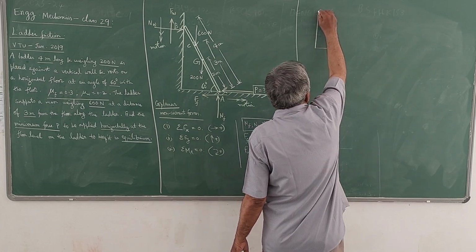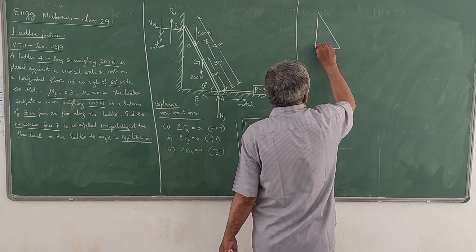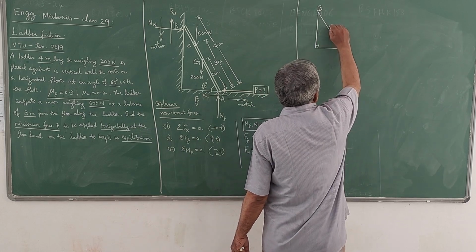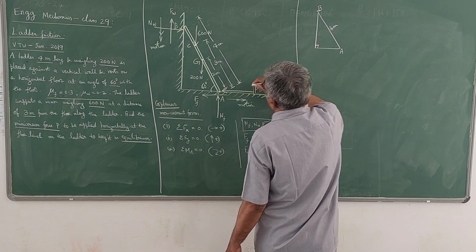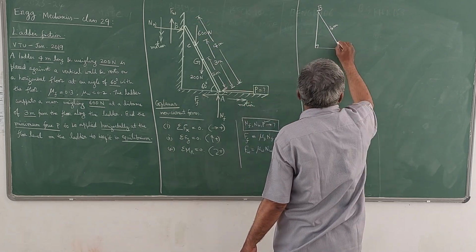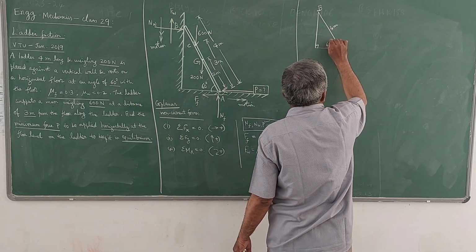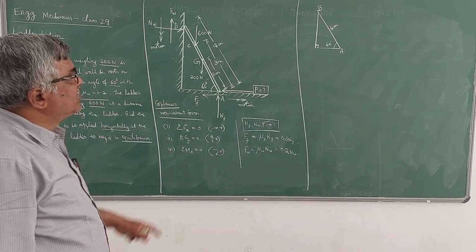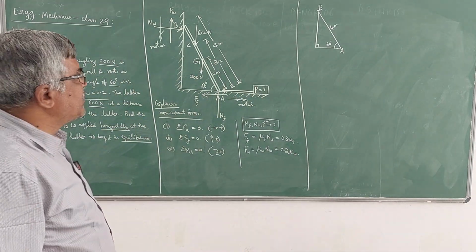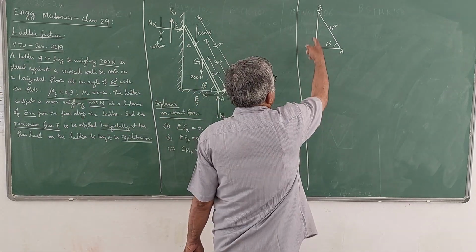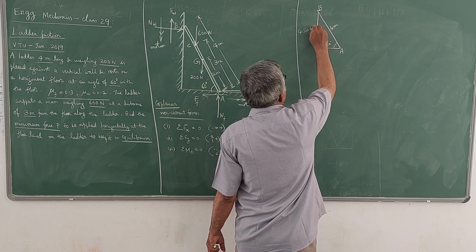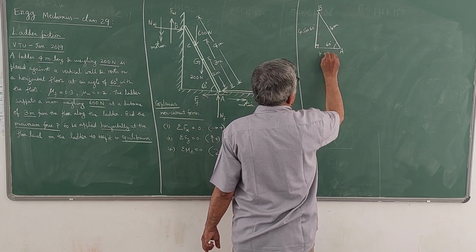The first right angle triangle I will take, this AB is the ladder. The length of the ladder is 4 meters, that is given, and this angle is 60 degrees. Once you know the angle and hypotenuse, you can find the other two sides. This side will be 4 sin 60, because it is the opposite side, and this will be 4 cos 60.